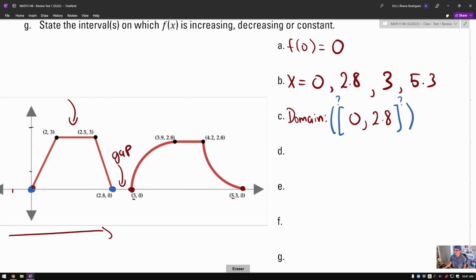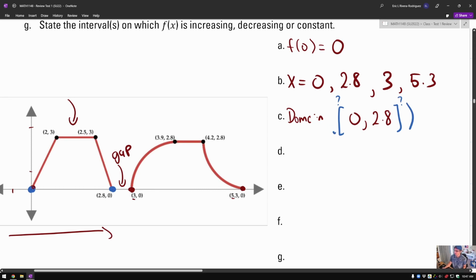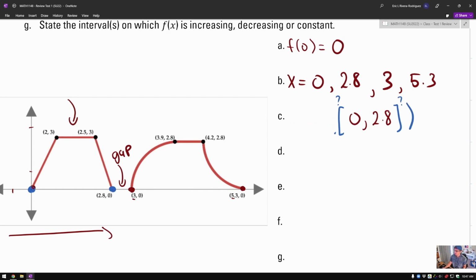It is including. If the circle is solid, then we are including those boundaries. Hence, when we are writing the interval, we use a square bracket. Square bracket means that we are including.